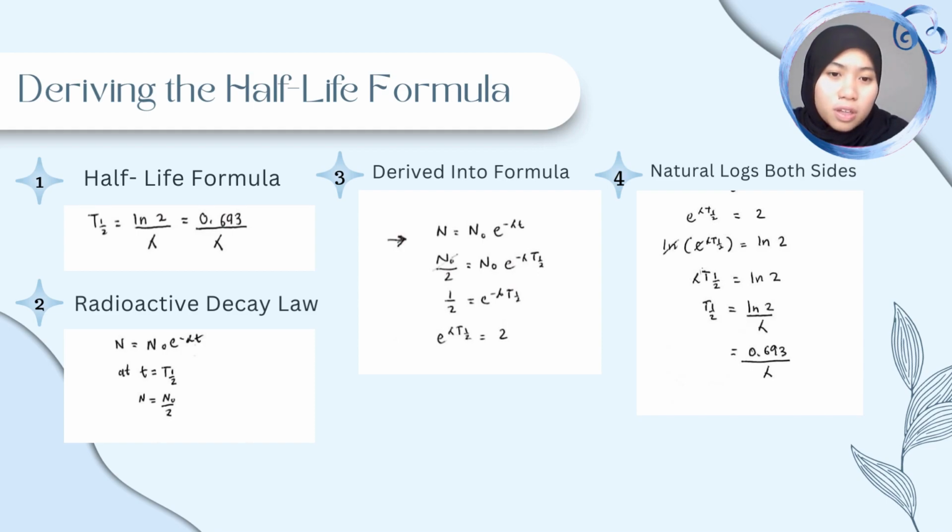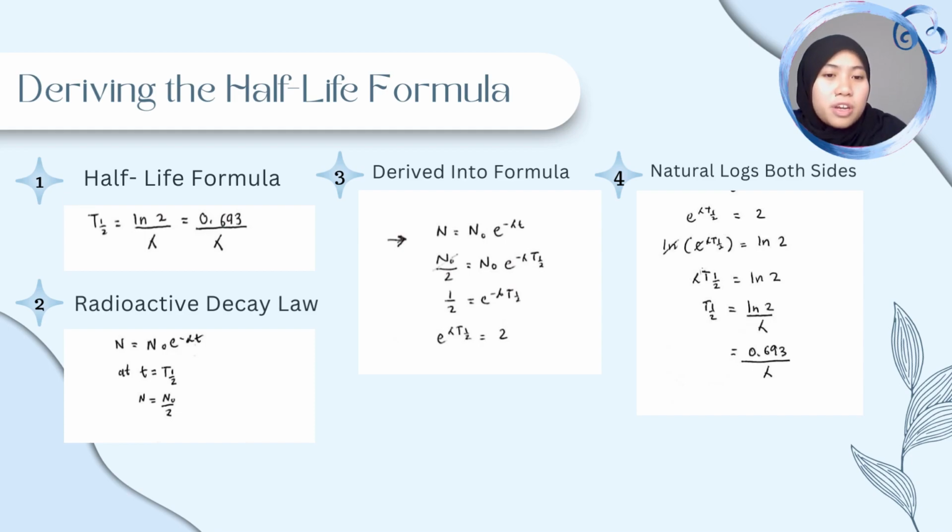So at the end we get exponential to the power of lambda half time equal to 2. Then we take the natural log of both sides.